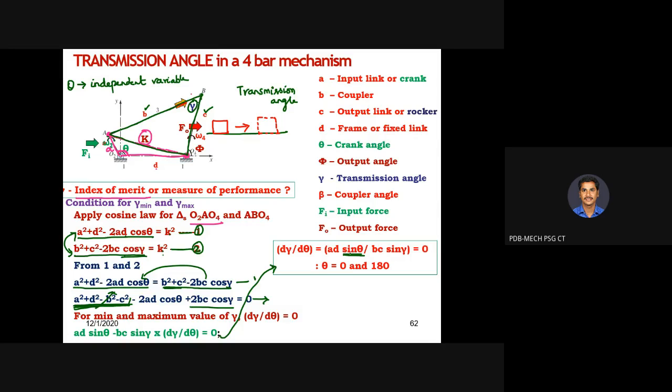If it is sin 0, now tell me what is the orientation of your 4-bar mechanism. When sin theta is 0, what is the orientation of your 4-bar mechanism? If you are able to understand this, you definitely catch the concepts behind the transmission angle.